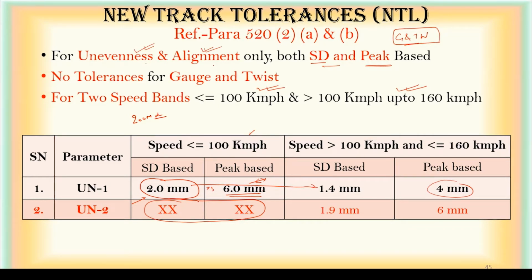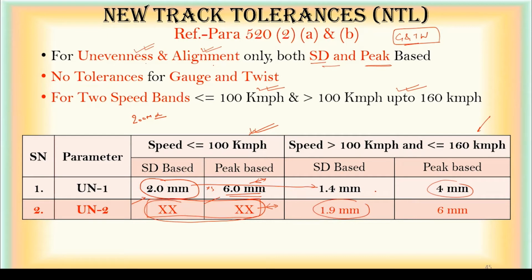Long chord is not relevant for good stock, and UN2 means long chord. तो long chord relevant नहीं है good stock के लिए, and good stock passengers generally don't run at speed less than 100 kmph. Less than 100 kmph पे goods चलता है, so this becomes irrelevant for the purpose of judging the track quality. So accordingly, we don't find long chord unevenness data, but in high speed band in which passenger trains move, these data are given.